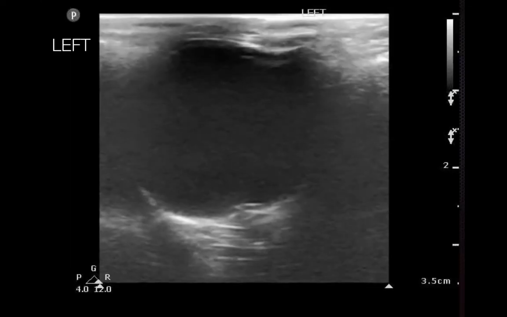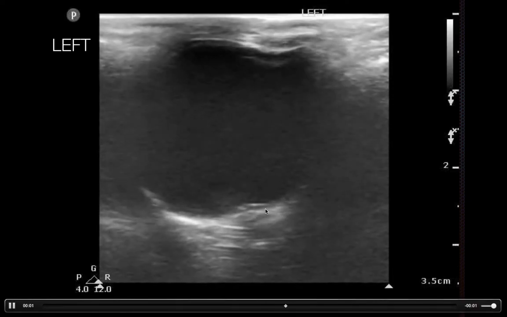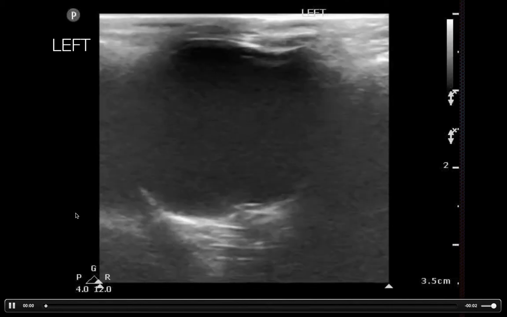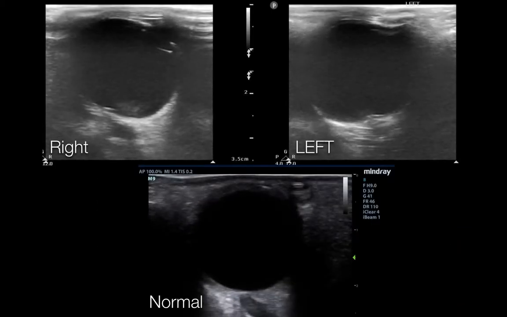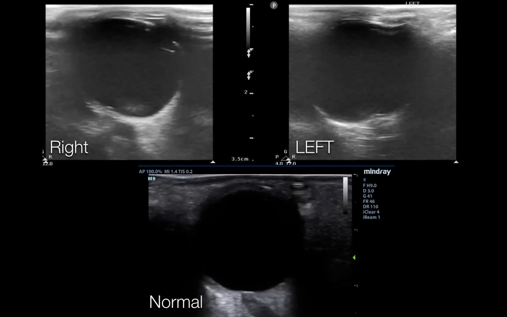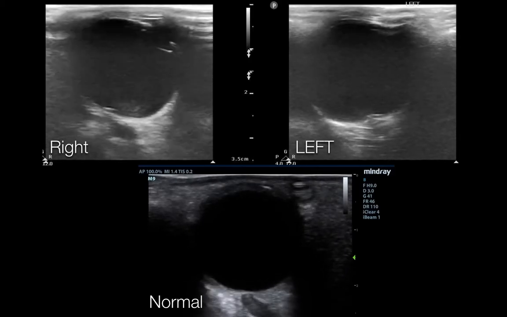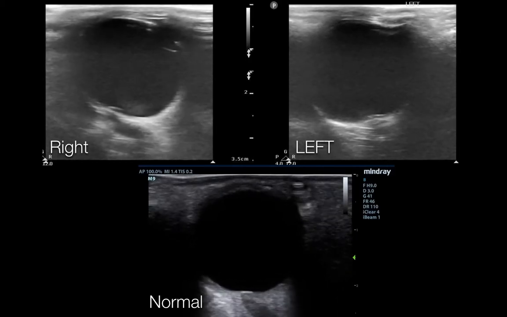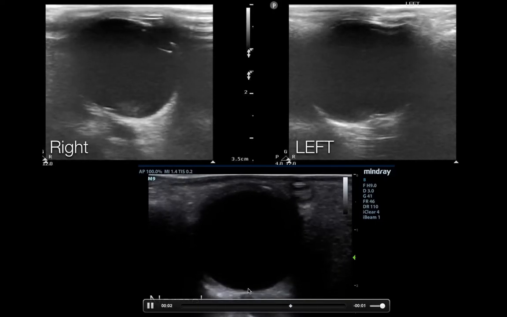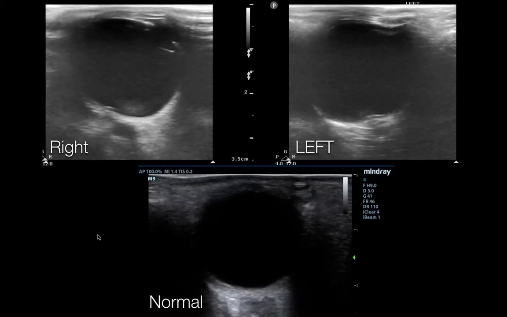So I wanted to take a look on the left and confirm that it was bilateral. And the same thing you can see in the back of the eye. In fact, it was a little bit more prominent on this left side. If you look at the video side by side, you can definitely see, especially compared to the video of the normal eye at the bottom of the screen, where the optic nerve and the optic disc are very flat, compared to the left and the right eye of the patient where there's definitely a prominence.